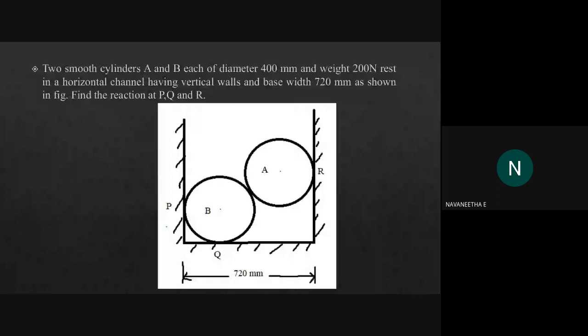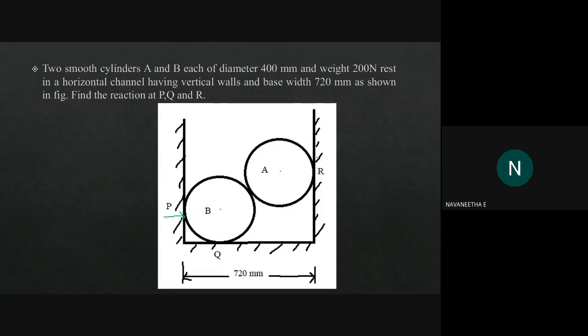So here we need to find out the reaction at P. P is the point at which the ball B is in touch with the vertical wall, and like B, A is also in touch with the vertical wall at the point R. So we know if a body touches any surface, it will produce an opposite reaction towards that body.